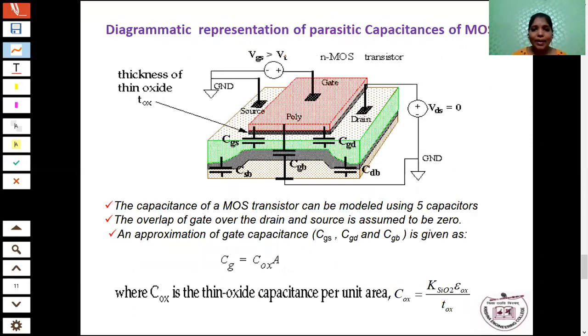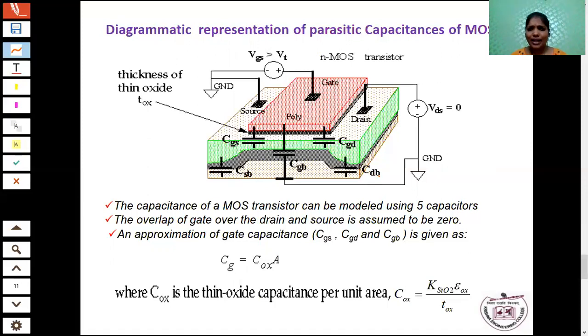So this is a diagrammatic representation of the parasitic capacitance of NMOS. As I said earlier, the capacitance is formed in the MOS transistor. There are 5 capacitances: CGB, capacitance between gate and body; capacitance between gate and source; between gate and drain; between source and body; and between drain and body.